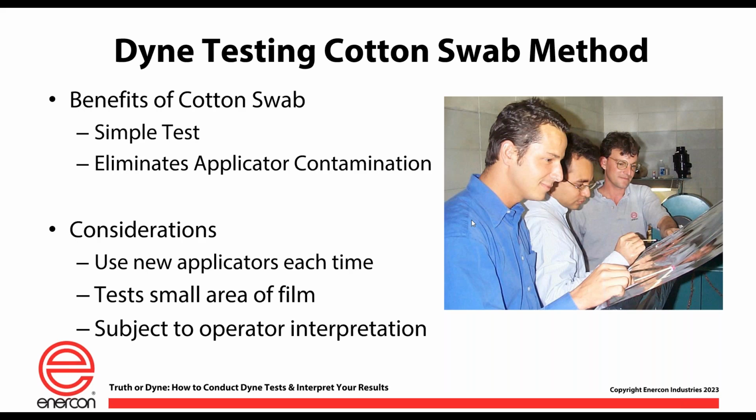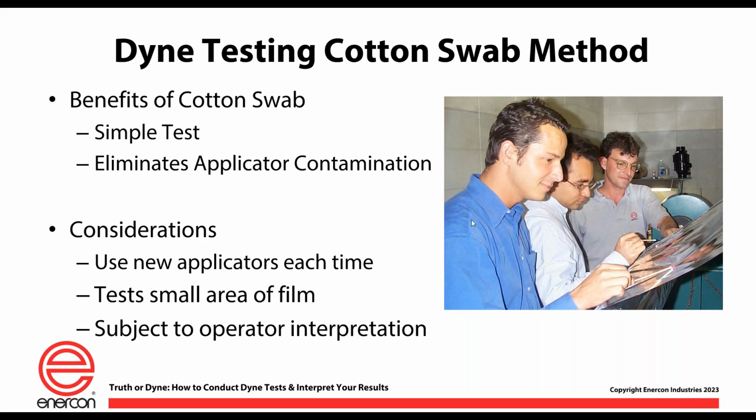You can compare them right away, one to the next. So what you're trying to do there is minimize any conflicts, minimize any confusion, and tighten up your process so that you're consistent, time to time, over and over again. So this cotton swab method is something that, at least in our lab, we use on a fairly regular basis.